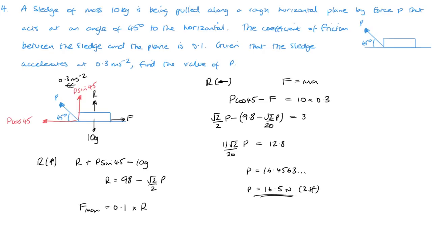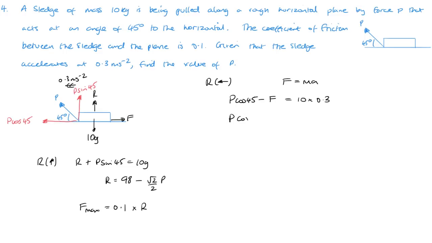Now with this one, there was another way of doing it. Basically because sine 45 and cos 45 are the same, we can create two equations and equate them, eliminating the P's and finding a value for R, and then using that R. So I'll show you that now.